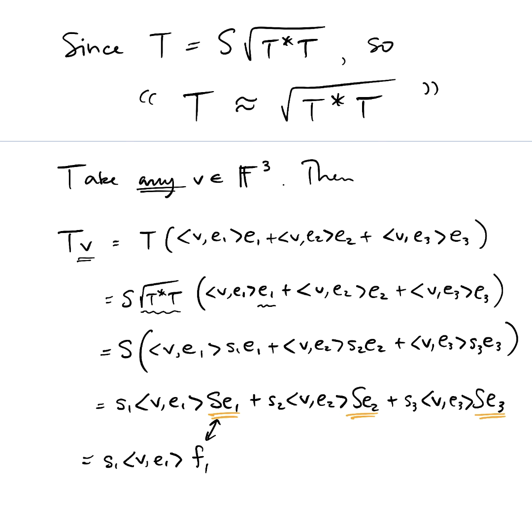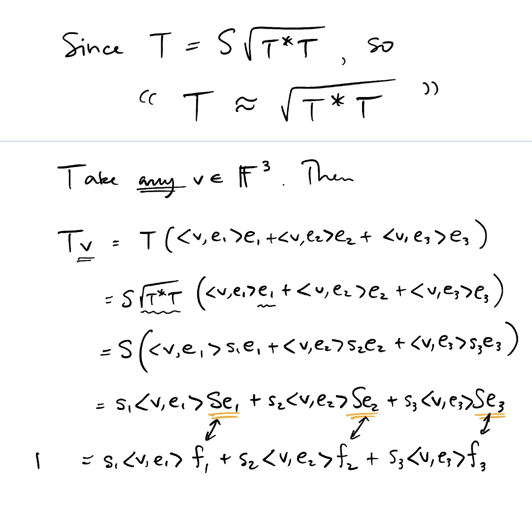Wherever S sends E1, call it F1. Plus S2, V, E2, F2, plus S3, inner product V E3, F3.